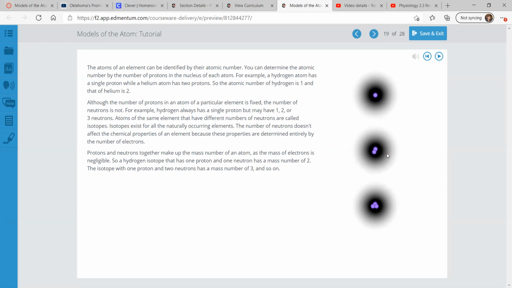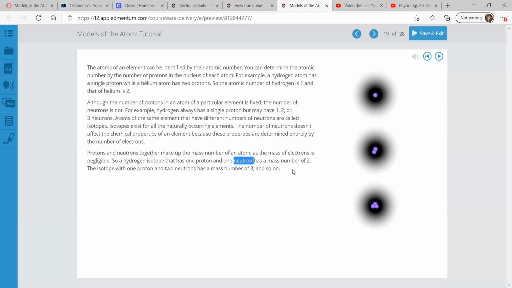So a hydrogen isotope that has one proton and one neutron has a mass number of 2. For hydrogen, the atomic number is 1 because it has one proton, but if it has one proton and one neutron, the mass number is the number of protons and neutrons in the nucleus.